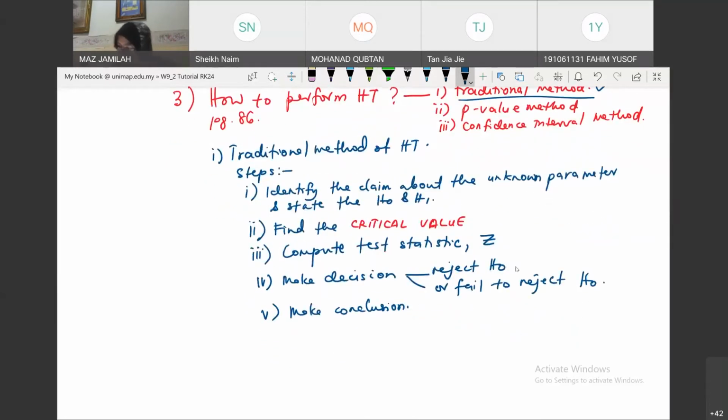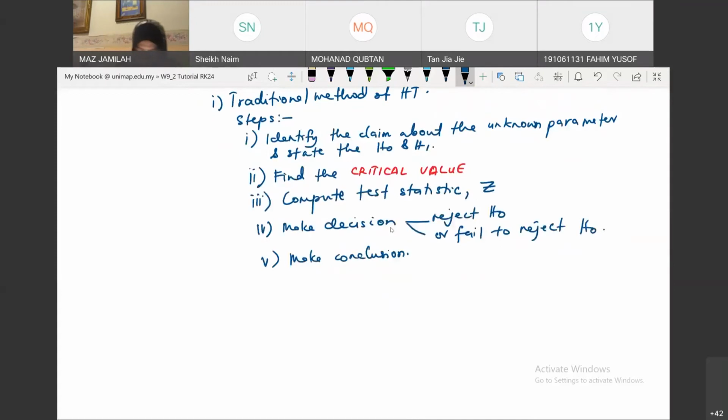Let's say we look at the first example of hypothesis testing. Okay, class, we have another 20 minutes. Let's say we are talking about example 3.6. A sample of 50 internet shoppers was asked how much they spend per year on the internet.